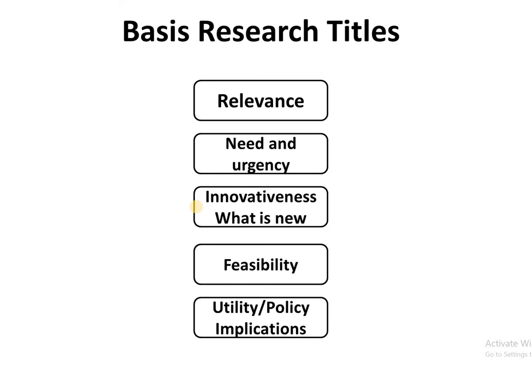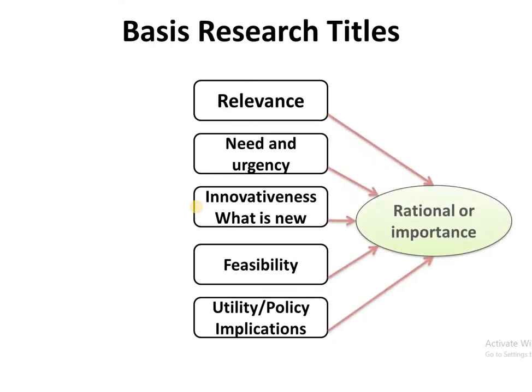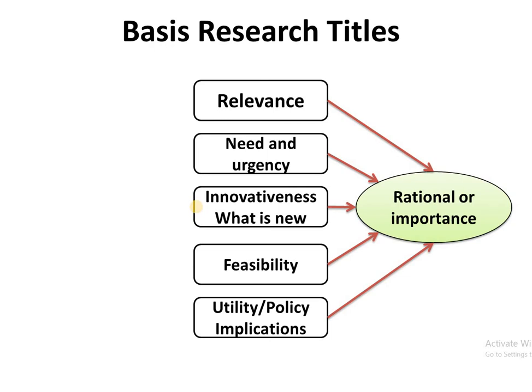Sometimes we frame the rationale of the study, why we are going to do this study, and that is abstracted from the relevance, the need and urgency, the innovativeness, and the feasibility. The abstract of all these criteria will be reflected in the form of the rationale or importance of the research.